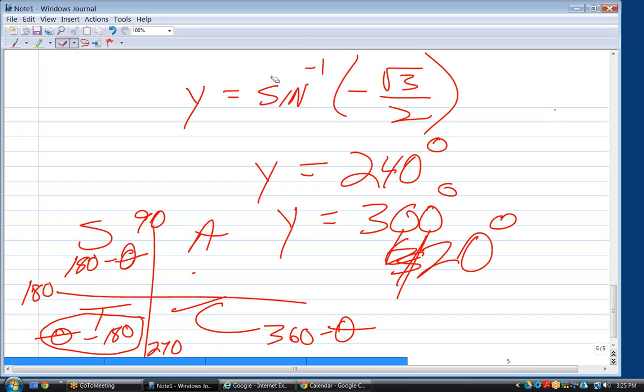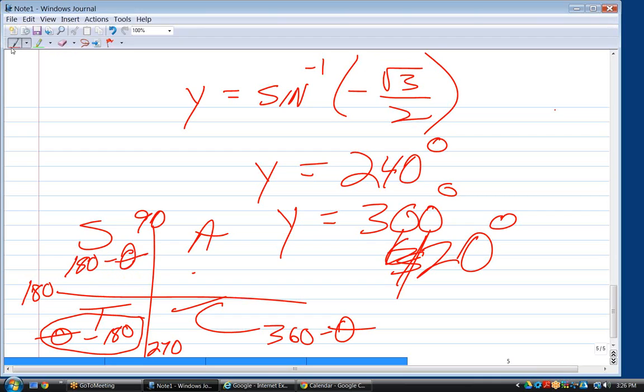If you go into your calculator and ask, what's the inverse sine of square root of 3 over 2, it's going to give you 60 degrees, not the second quadrant angle. Even though it's still true that the sine of 120 degrees is also square root of 3 over 2, your calculator doesn't give you the second quadrant answer.